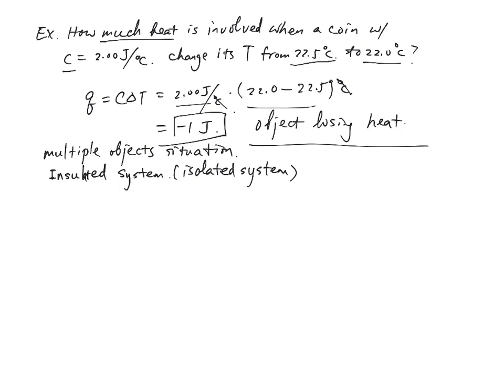All right. So, what is an insulated system? Well, you've all heard the word insulation before. As long as you've lived in houses, you've seen drywall, and right behind it is the insulation material that people put in.